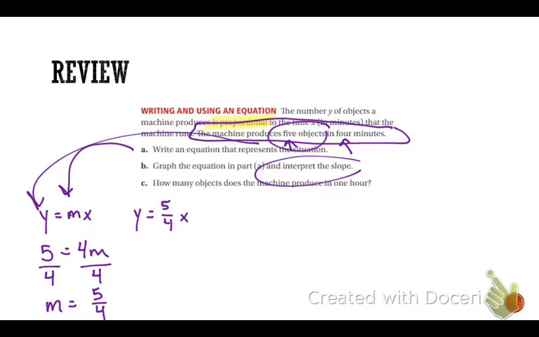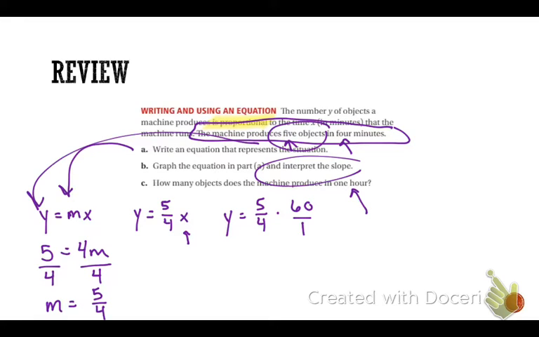So how many objects does the machine produce in 1 hour? So what do you think? If X stands for minutes, 60. Yes, I must convert hours to minutes and plug in 60 for X. So Y equals 5 over 4 times 60 over 1. Could I cross reduce anything to make my life a little bit easier? Yes.